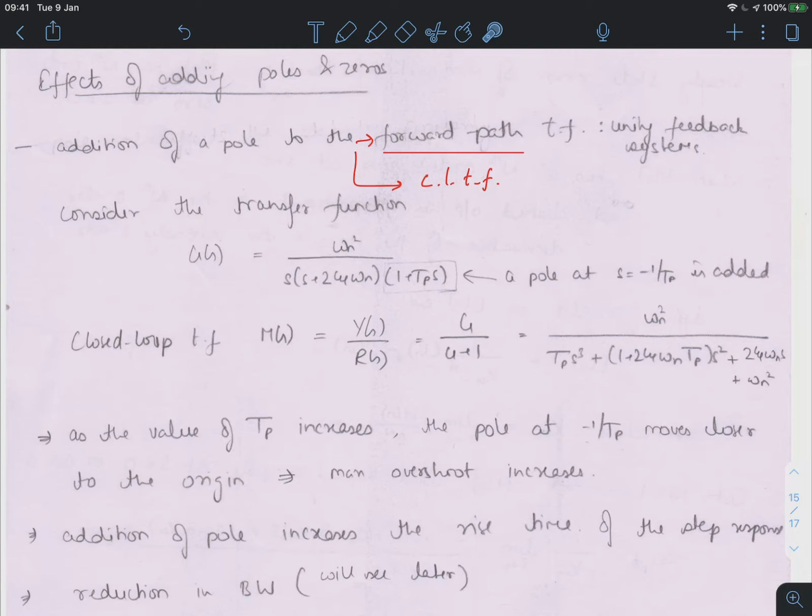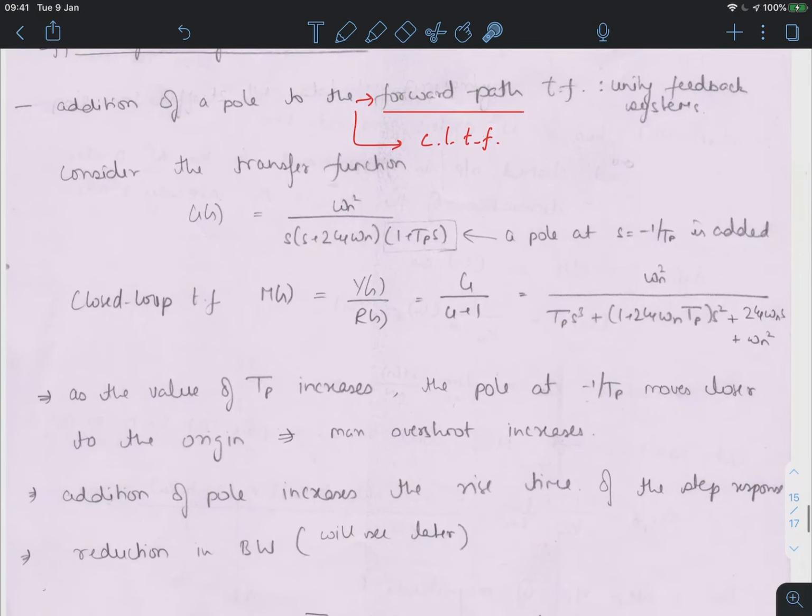Now if I form a closed loop transfer function of this forward path transfer function, I would have G upon G plus 1 because we have considered the unity feedback system. So after simplifying this M of s, I would obtain this expression. You can also compute it yourself to verify whether you have obtained this transfer function.